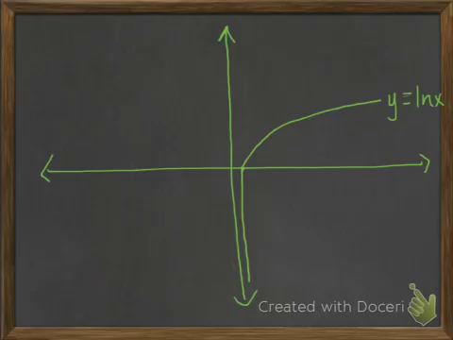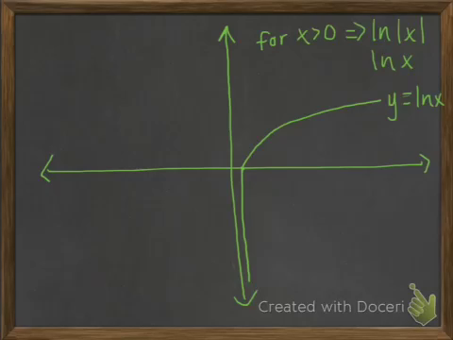Now, this is going to be for x greater than 0. But what about ln of absolute x? We want to incorporate both negative and positive values.